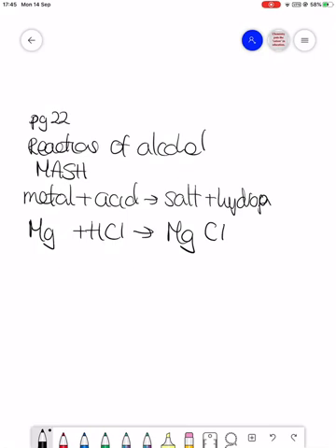Chlorine is 1-. So I must have 1 magnesium and 2 chlorides for the formula, plus hydrogen gas. For quick balancing, my magnesiums are balanced. I have Cl2 here, so I have to put 2 HCl here, and that also takes care of this.